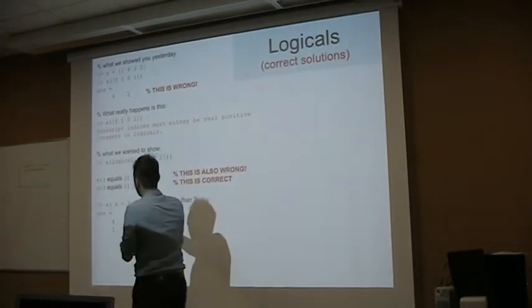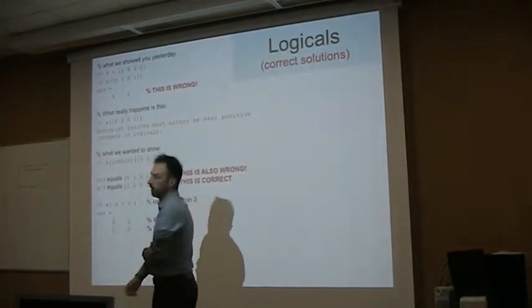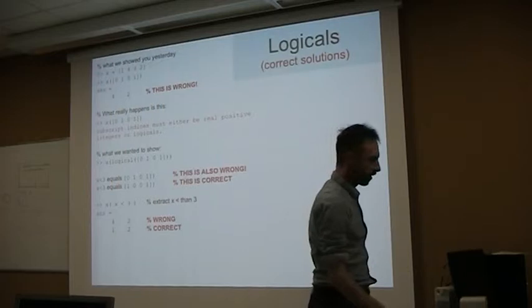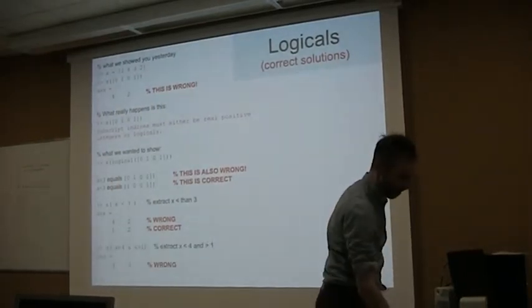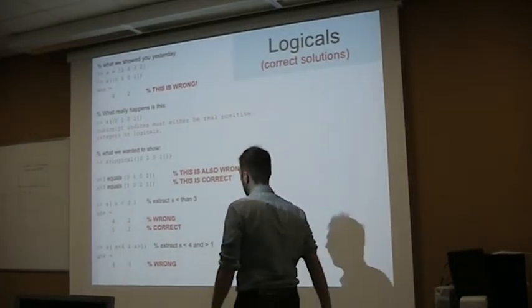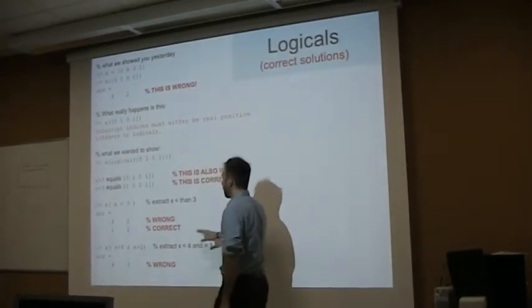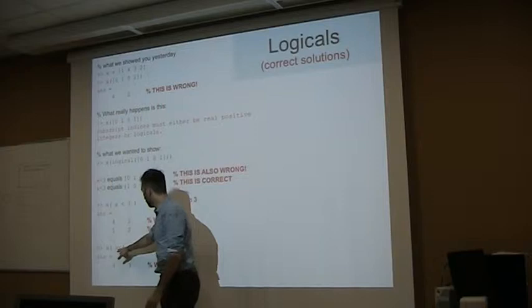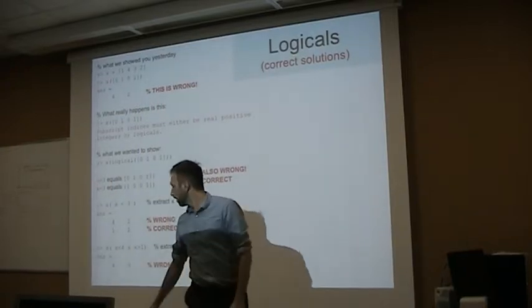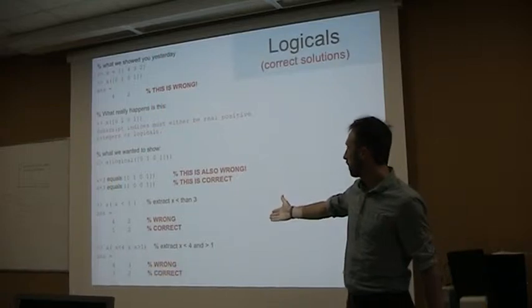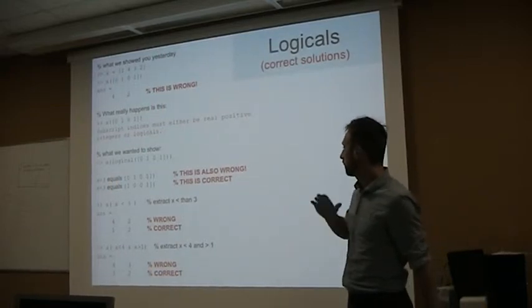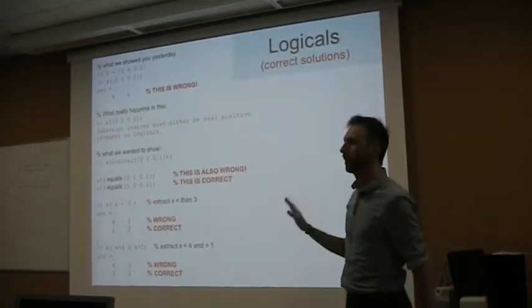These are the numbers of x which are smaller than 3. And same thing here. If you want to get the numbers of x which are smaller than 4 and bigger than 1, I get the wrong answer. It's not 4 and 3, it's obviously 3 and 2. This is very simple, okay? I don't think it's complicated to understand.